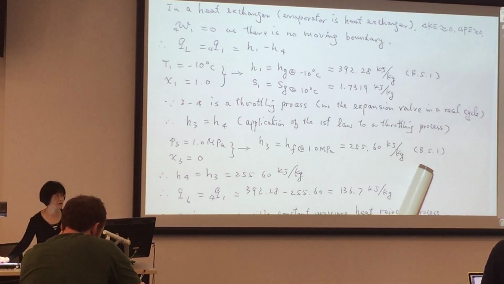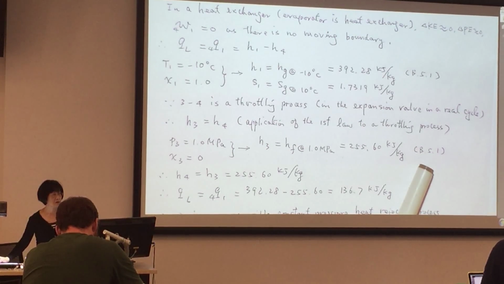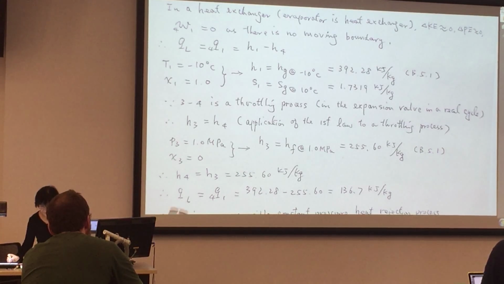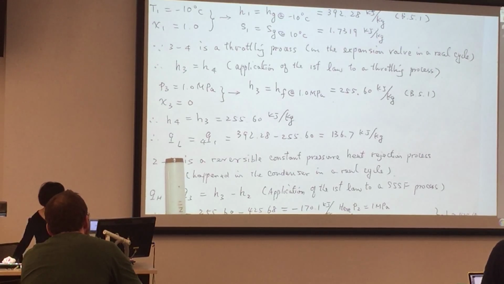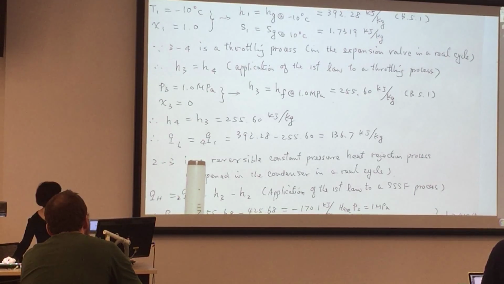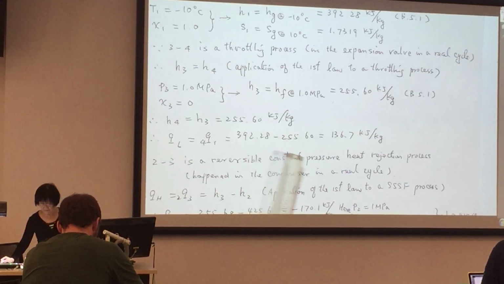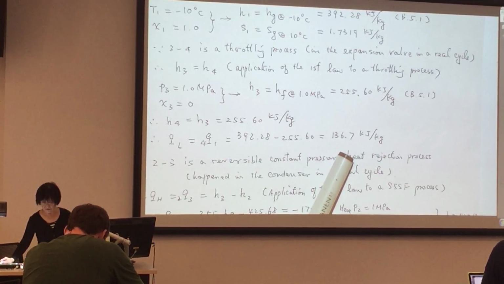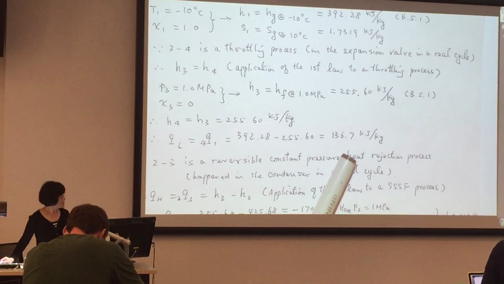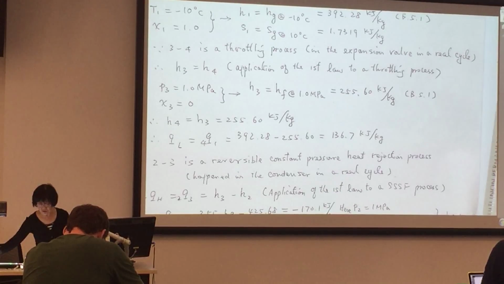B.5 is the appendix for refrigerant R-134a. And so QL, the first question, we can answer now. That's H1 minus H4. That's QL.